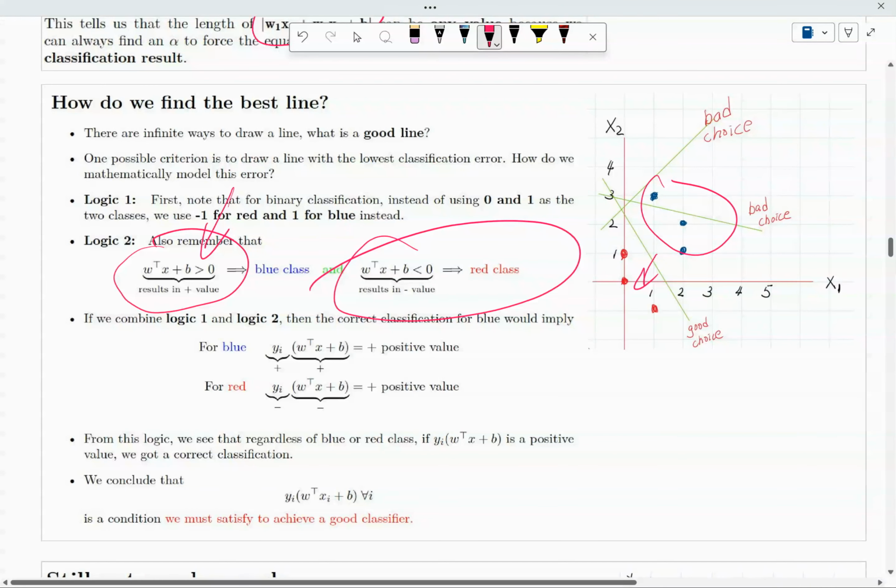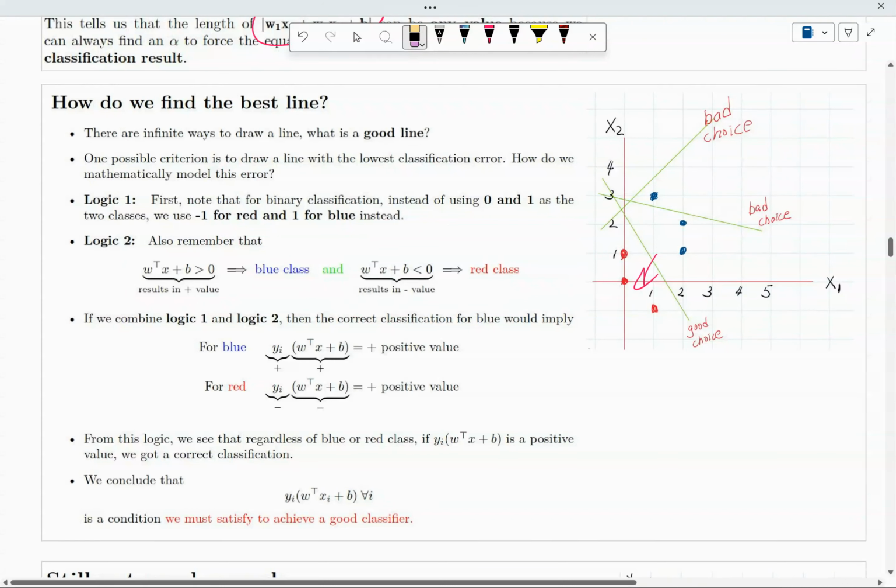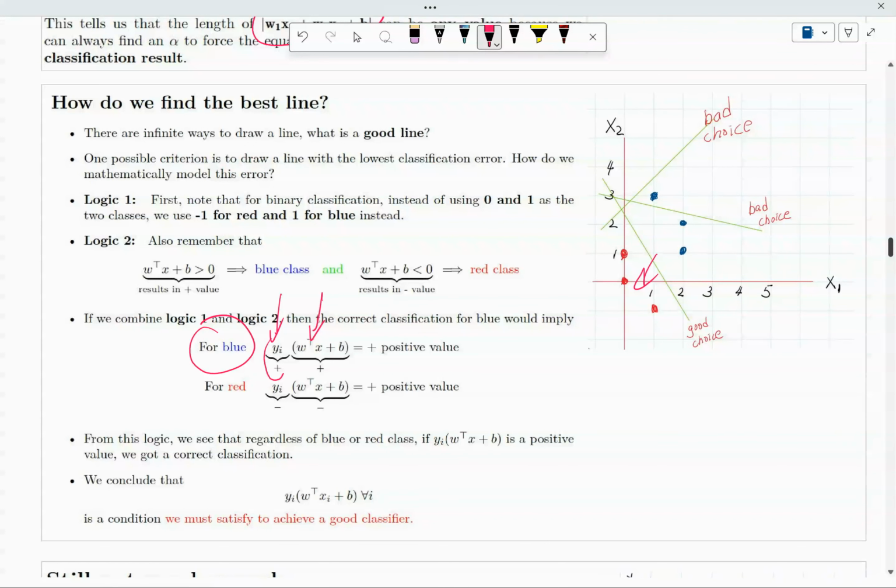Okay, so those two facts, if we combine them together, is what will allow us to come to some realizations. So if we combine logic 1 and 2, for blue points, if you multiply the label by this, the label is 1, so it's going to be positive, right?